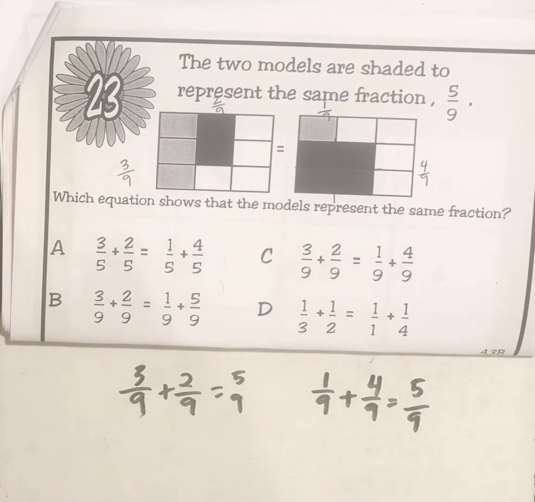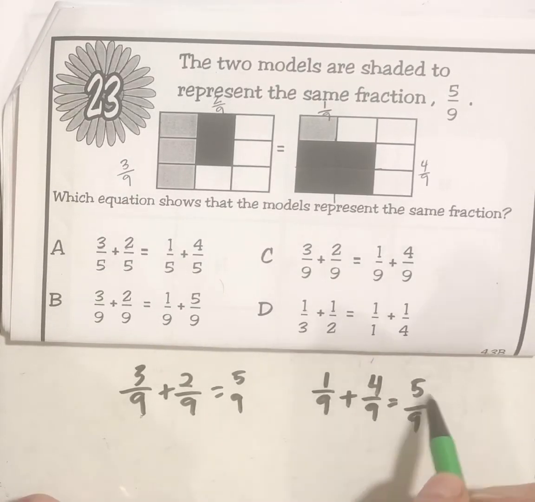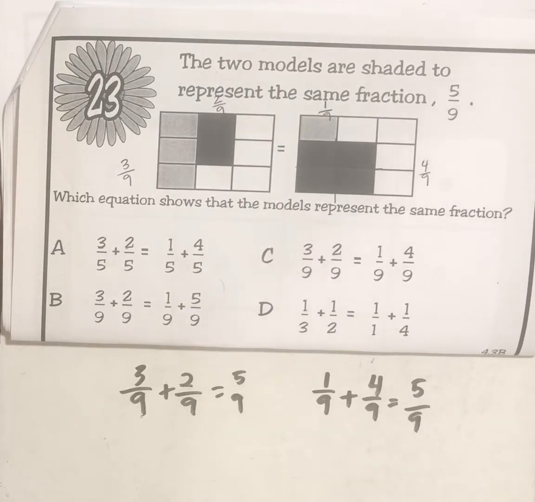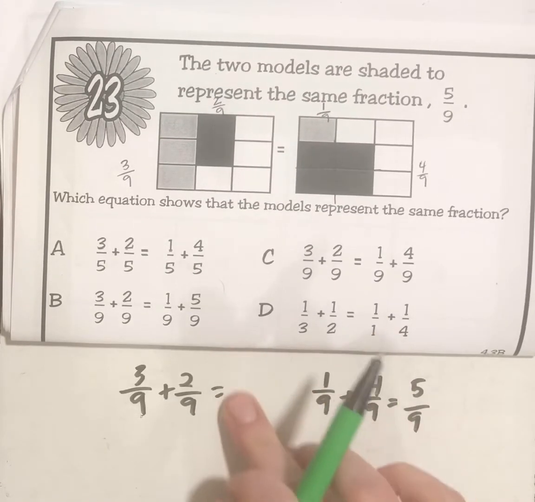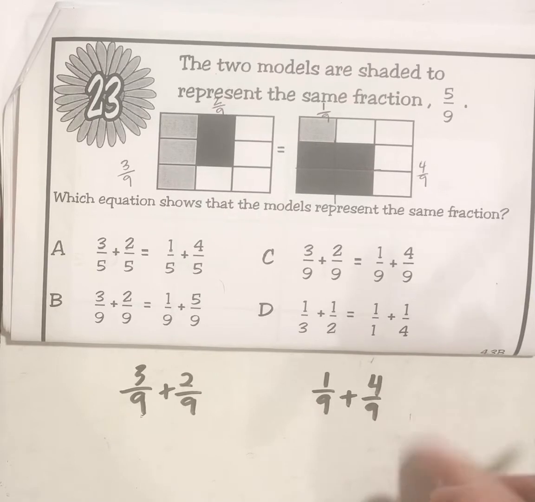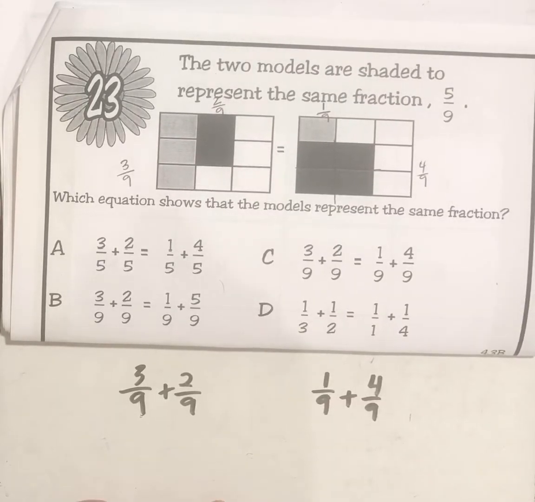And that's true because 1 plus 4 is 5 and 3 plus 2 is 5. Now, if I were to take off this 5/9 and just say this expression is equal to this expression, that would still make sense. So now we have to look at our answer choices and see which one matches what we've already figured out.